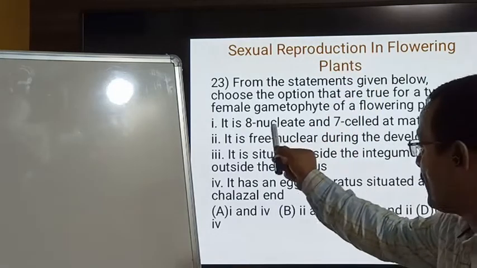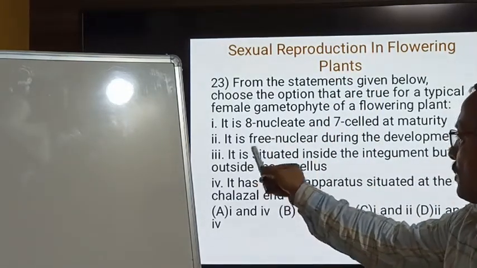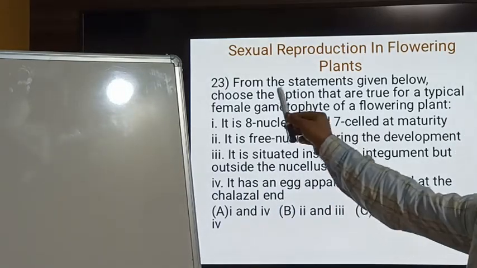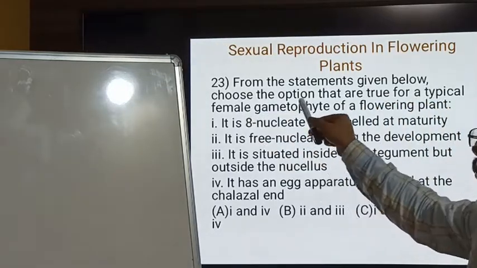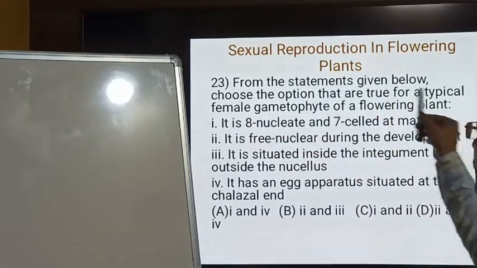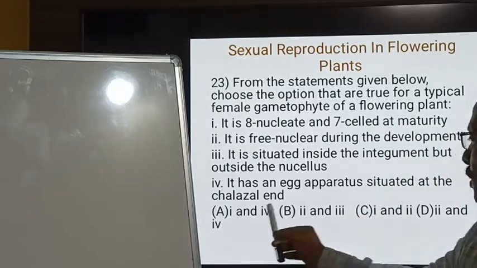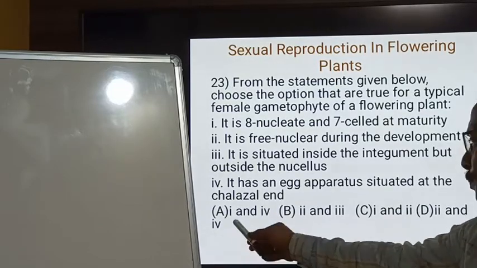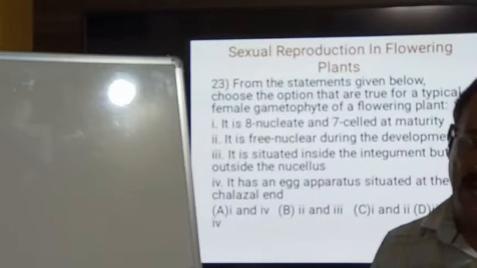So statements 1 and 2 are right. Statements 3 and 4 are wrong. The question is, choose the option that is true for a typical female gametophyte of a flowering plant. So the right statements are 1 and 2, and the option is A.